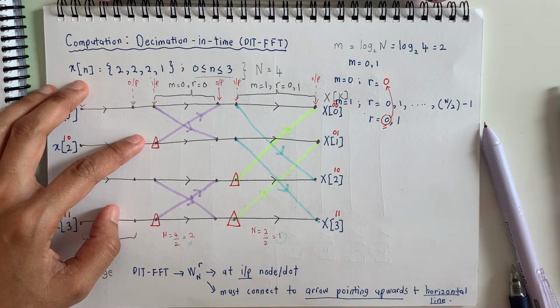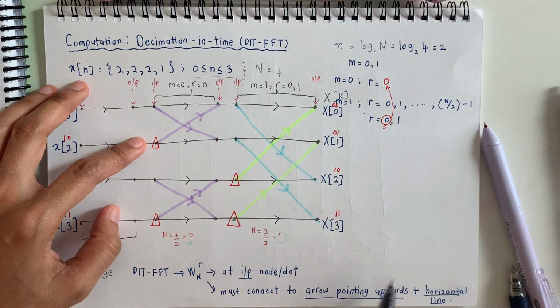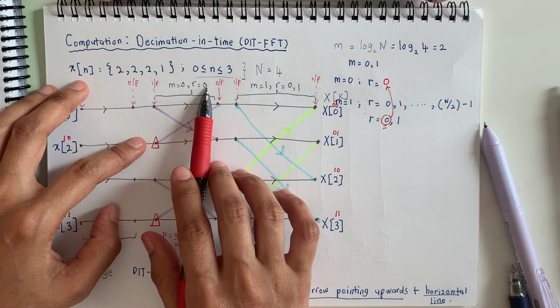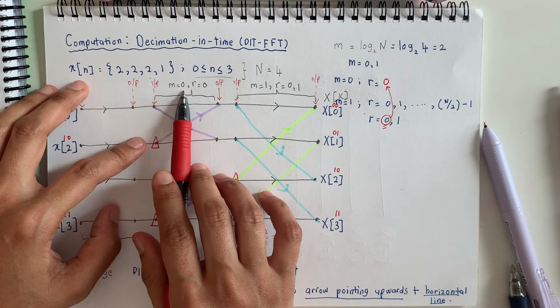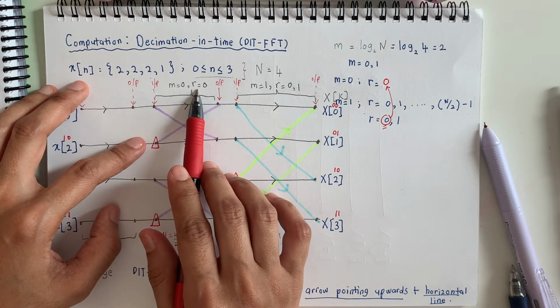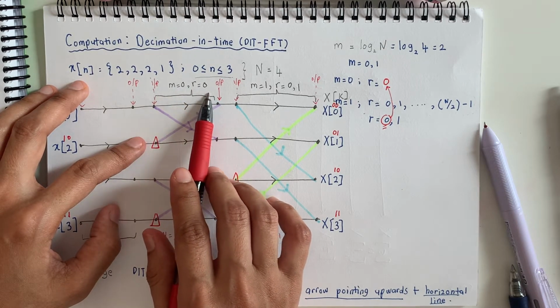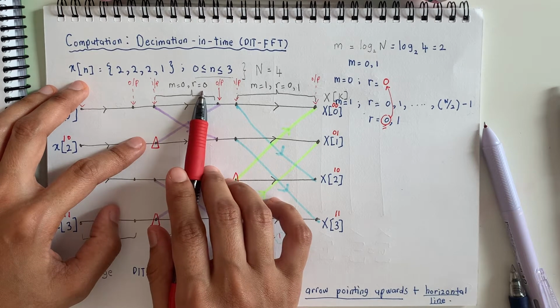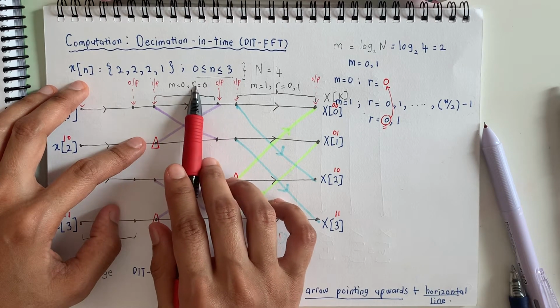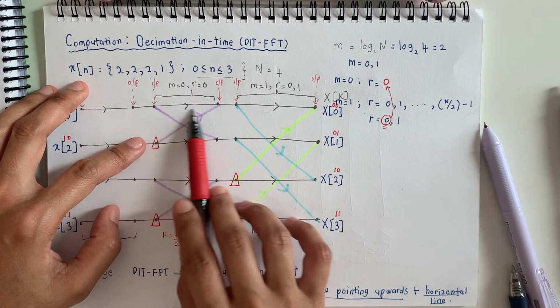Now, instead of using this condition, you can see from here also M equal to 0, R equal to 0. Means when M equal to 0, our R value is 0, only one value of R. This R equal to 0 represents how many twiddle factors you have in one group.